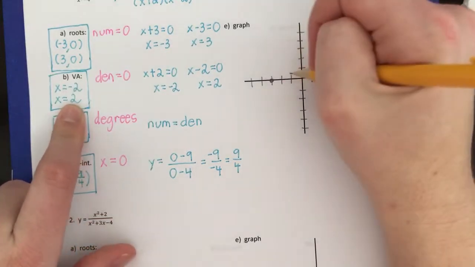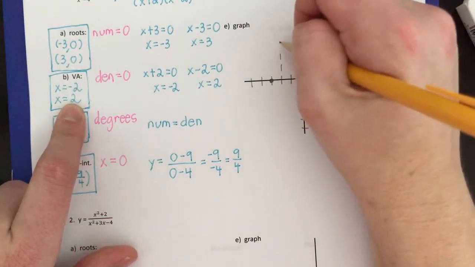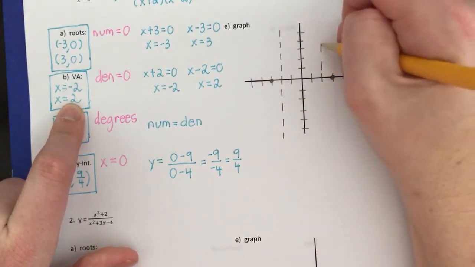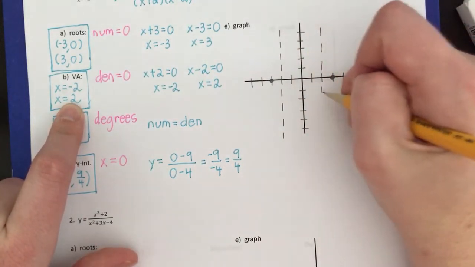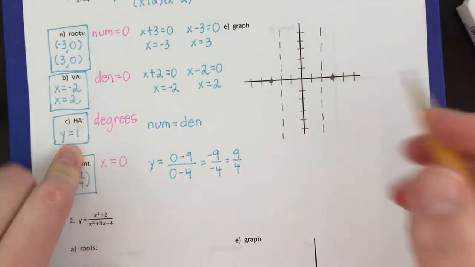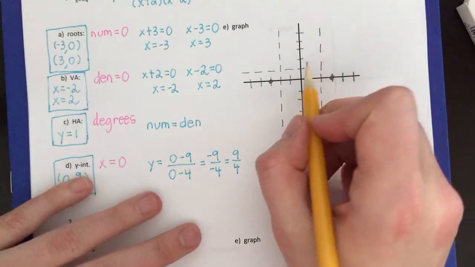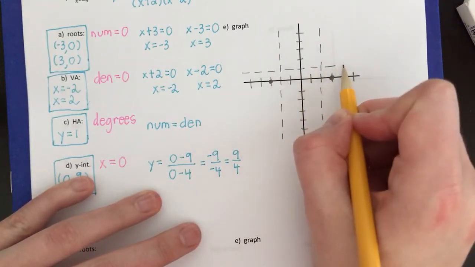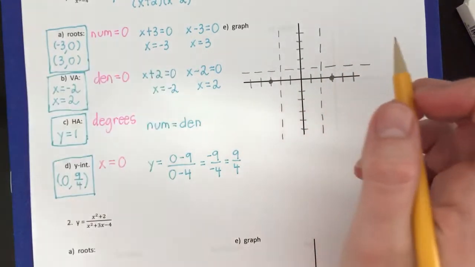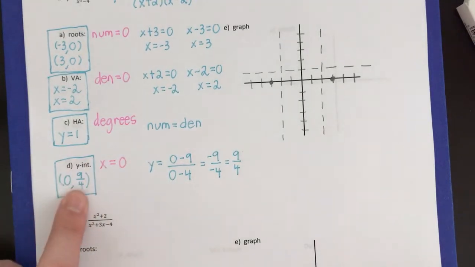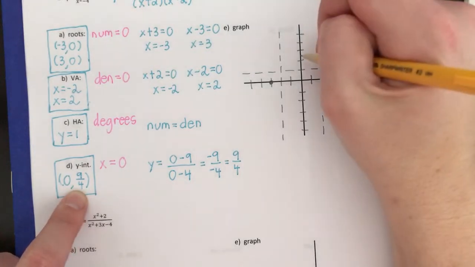We have VA at x equals negative 2, x equals positive 2. We have HA at y equals 1. All right, and then we have y-intercept at 9/4, so 2 1/4.